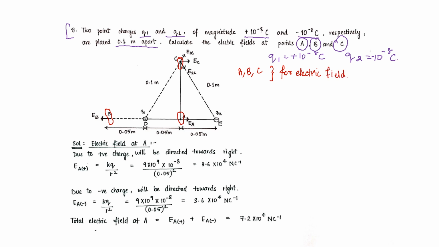Now where we have placed our charges: Q2 is here, whose magnitude is minus 10 to the power minus 8 coulombs, and Q1 is over here, follow up the green ink, that is positive in nature and equals 10 to the power minus 8 coulomb.